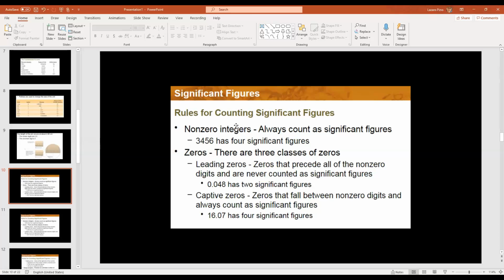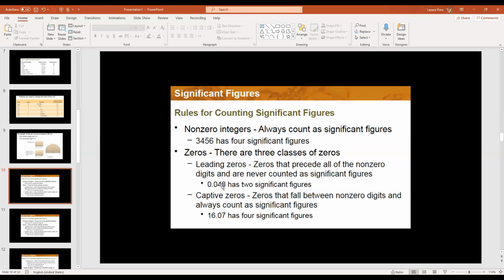Significant figures are the numbers that we have in a measurement. For example, 3456, this number has no zeros. So we consider this 4 significant figures. The zeros could be significant or not. If they are to the left, we don't consider the zeros significant.